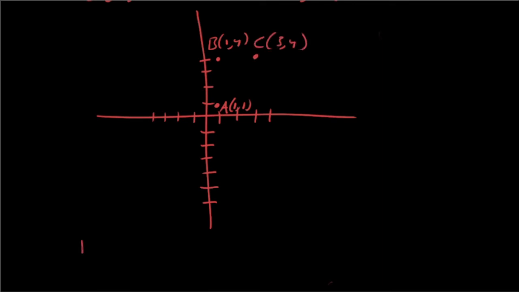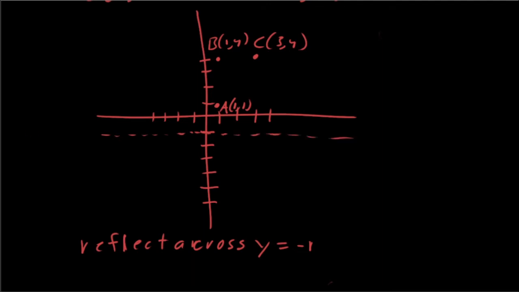And let's say we want to reflect across y equals negative 1. Let's plot y equals negative 1 right off the bat so we can see what we're dealing with. So this is y equals negative 1. Here are our points, our triangle, and we want to reflect across y equals negative 1.